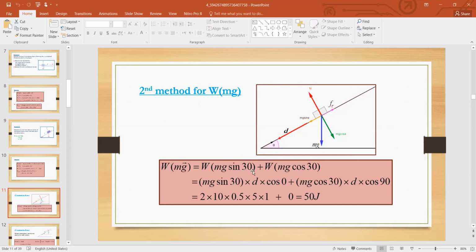As we said before, in downward motion, work done by mg sine alpha equals mg sine alpha times the distance d times cosine 0. Why cosine 0? Because mg sine alpha has the same sense as the displacement d and is parallel to it. So it's mg sine alpha, this is the force, times d cosine 0, which is 1, and we get work done by mg equal to 50 joule.